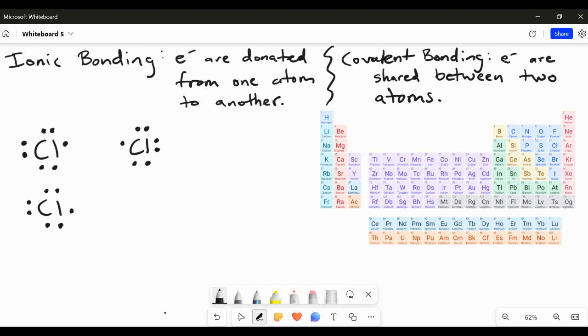Now, for the sake of clarity, I'm going to replace the dots on this second one with X's, okay? But just understand that in my model right here, those X's are also electrons. Let me just kind of put this one like this.